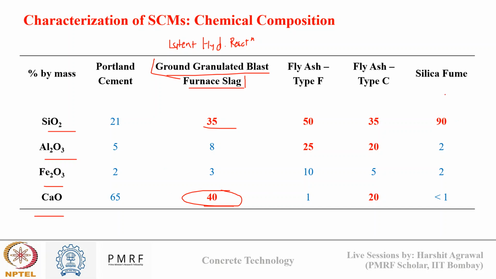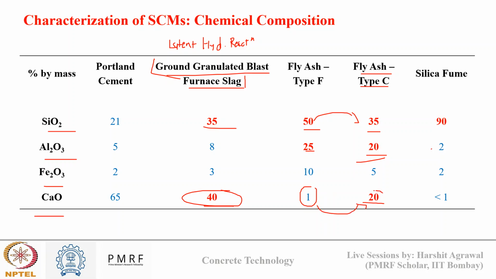Then we have class F fly ash, where you can see there's higher proportion of silica and alumina in its composition, and very low proportion of calcium oxide. And class C fly ash has higher proportion of alumina, silica, and calcium oxide. Compared to class F, lower content of silica but higher content of CaO.